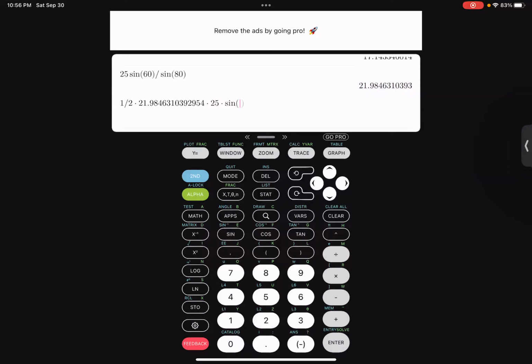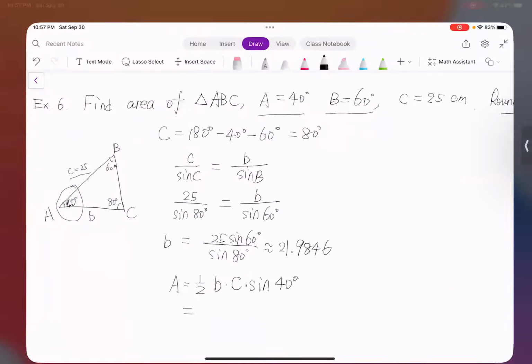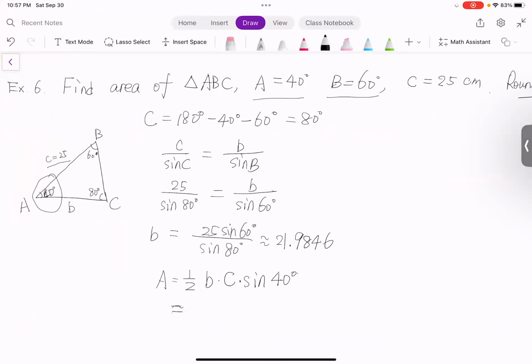What is the angle of A? It is 40 degree. Close the parentheses. So I'm having 176.66431. If I keep two decimal places, I'm having 176.64.